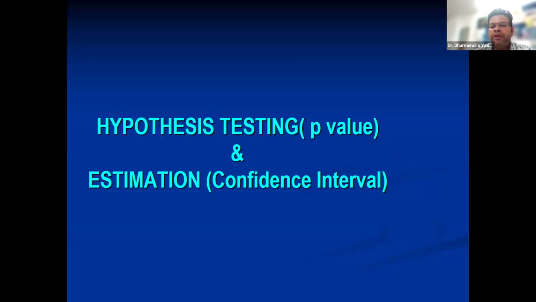In this case, our population parameter, the average height of adolescent girls, is known to us. Now we have to verify, and this is a case of testing of hypothesis, because here the population parameter is known to us. On the basis of the data you have, you have to verify whether this hypothesis is true or not. That's why this is called testing of hypothesis.